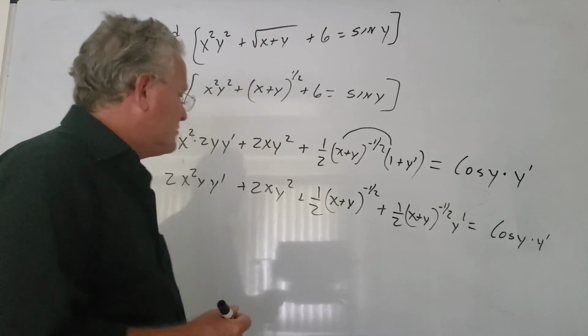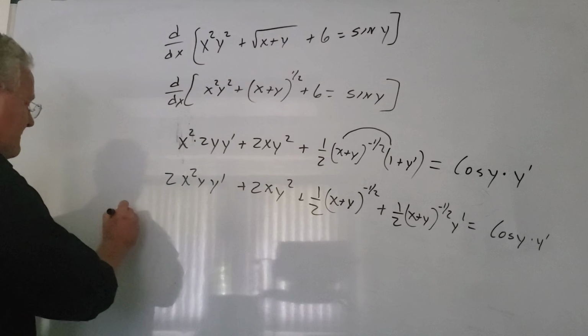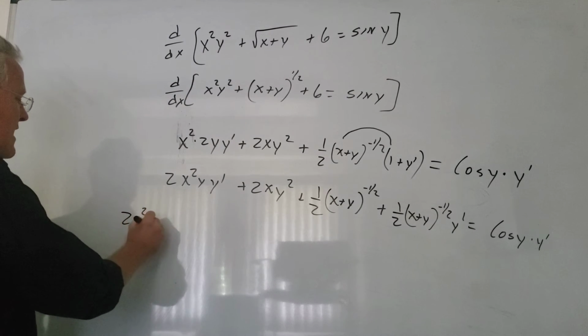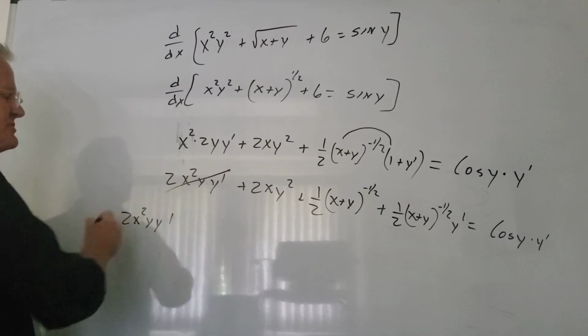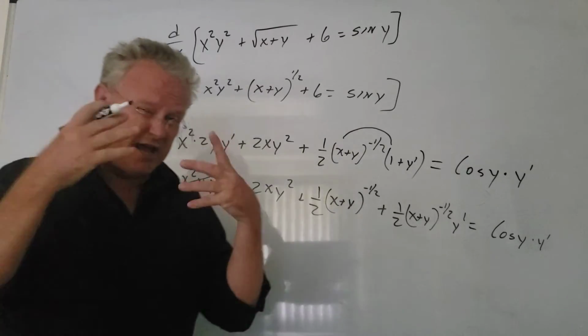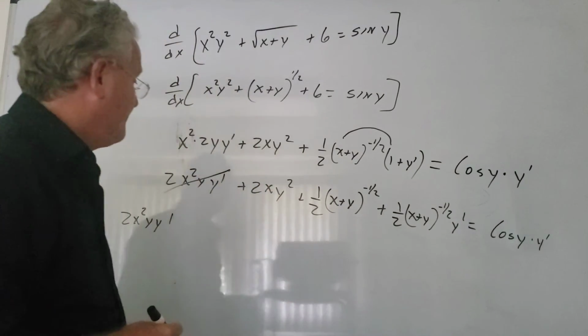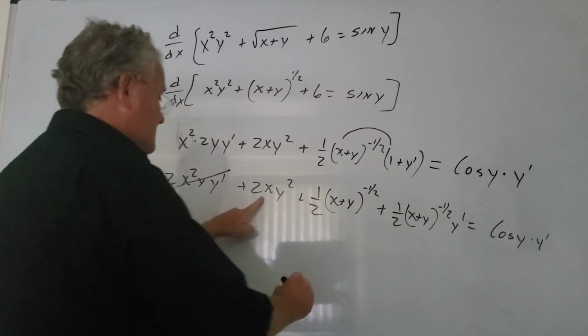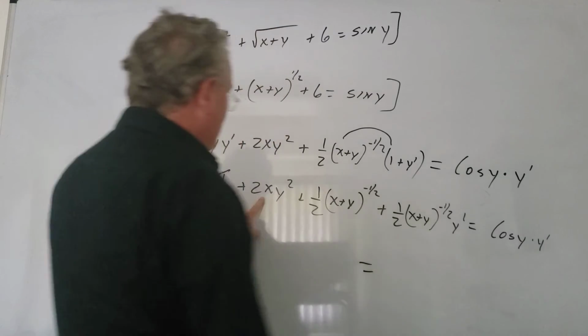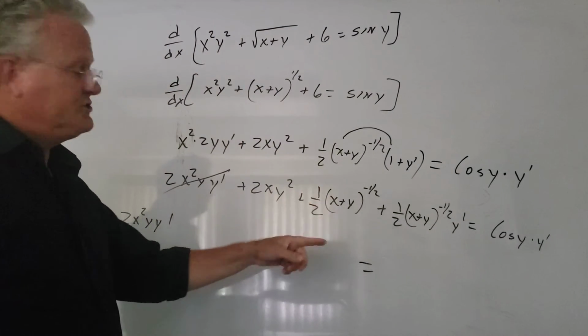So y prime terms I'm going to collect on the left side. 2x squared y y prime, this has a y prime, so I'm going to leave it. Now I'm not canceling here, I'm just crossing it out so that I know I took care of that term. This does not have a y prime in it, so we move it to the other side. But remember, whenever you move something to the other side, it just changes sign.